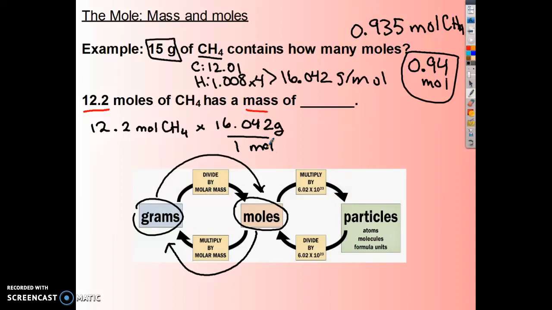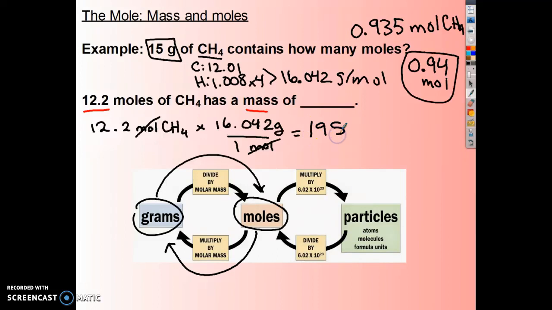And just like we've seen over and over again, our units cancel if we have one of that unit in the numerator and one of that unit in the denominator in this type of dimensional analysis or unit conversion. So our moles cancel out and we're left with grams. Since this is just 1 in the denominator, we just take 12.2 times 16.042, which gives me 195.7124.